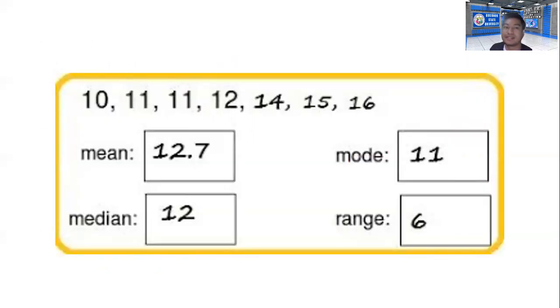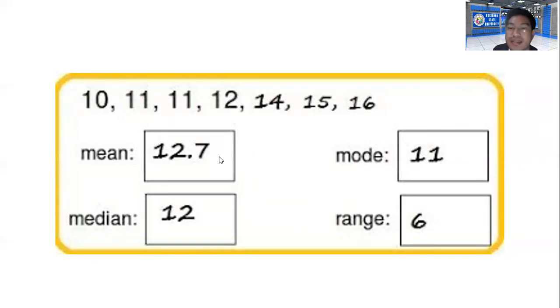So we have here an example. The scores are 10, 11, 11, 12, 14, 15, 16. The mean is the average. So you add up everything and divide by 7, since there are 7 scores. So 10 plus 11 plus 11 plus 12 plus 14 plus 15 plus 16 divided by 7 will be 12.7. So that's the mean.